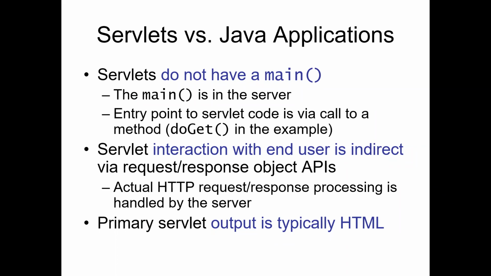Servlet has only doGet or doPost methods, and the doGet and doPost methods enter the Servlet code. The total entry point of the Servlet is the doGet or doPost method, and these are inside the service function of the main function. Please try to understand that.